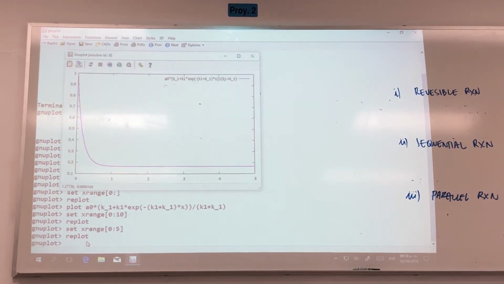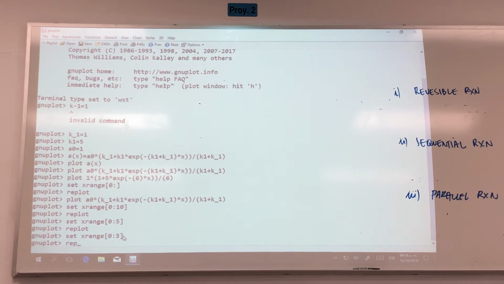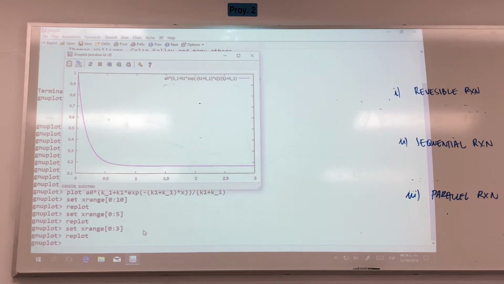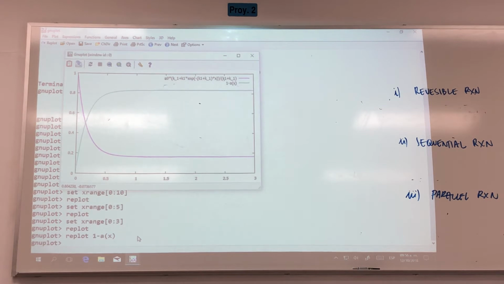We plot. Yeah, this is dropping so fast, but it's reaching. There we go. Now I can plot or replot 1 minus AX. There we go.